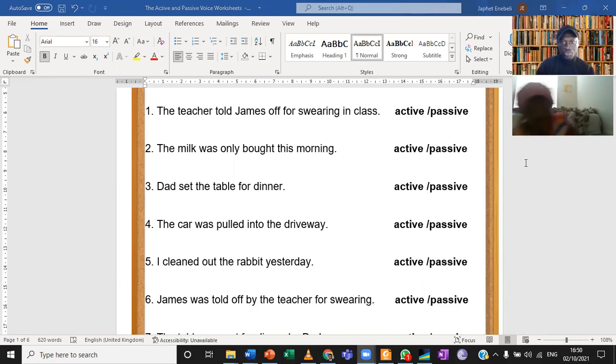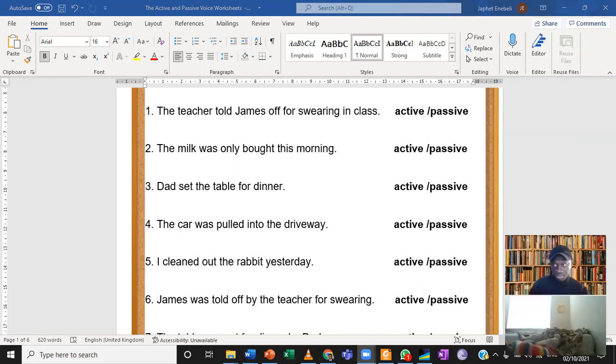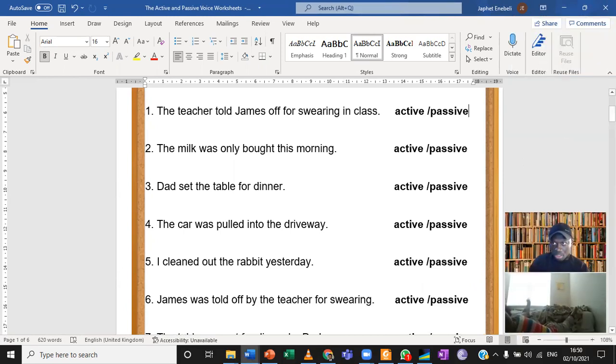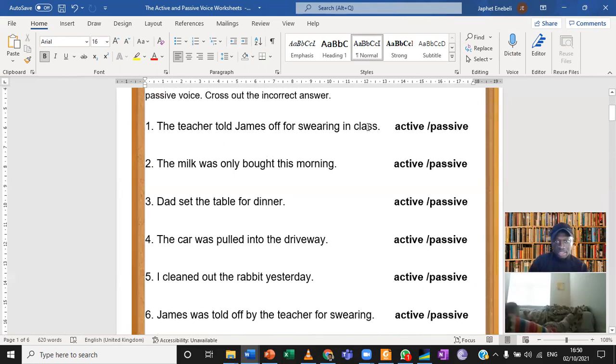Okay, approve. Now, this is what I want you to do. If you read this sentence, if it's an active voice, just delete the wrong answer. If it's a passive voice, just delete the wrong answer, right? So you can start.